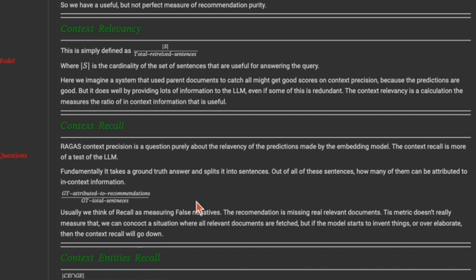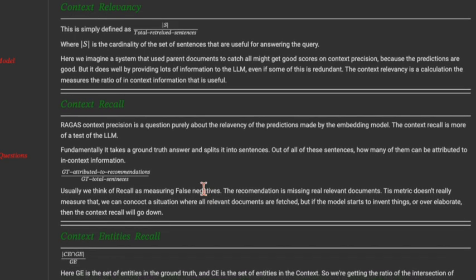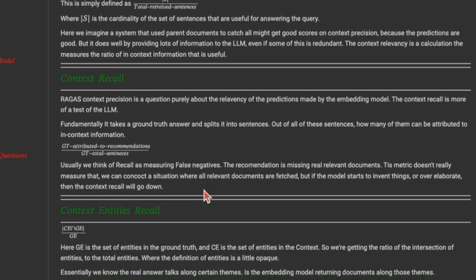So here we're looking at hallucination. Is our large language model inventing lots of stuff, or is the stuff coming directly out of the information that we've retrieved with our embedding model?